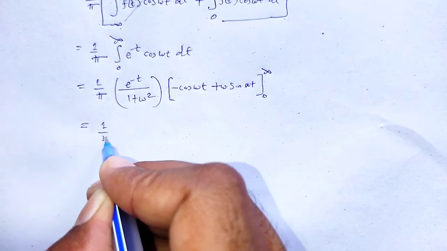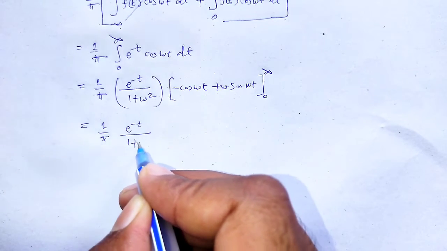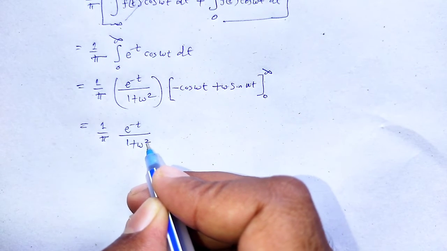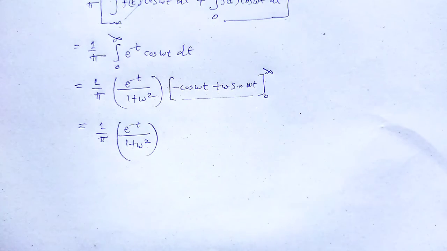That gives 1 by pi times 1 divided by 1 plus omega square, that value being 1.